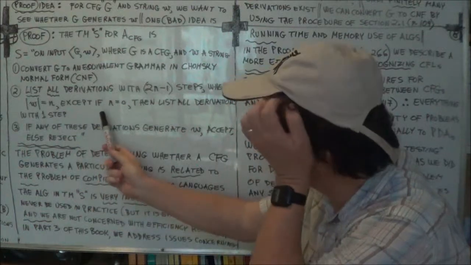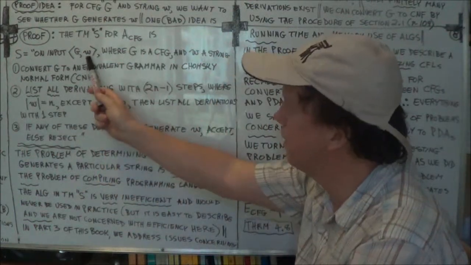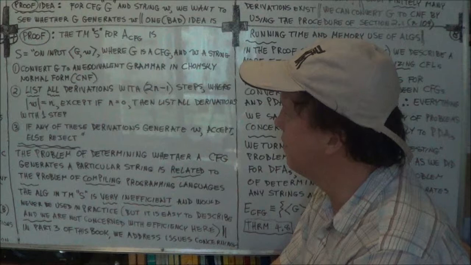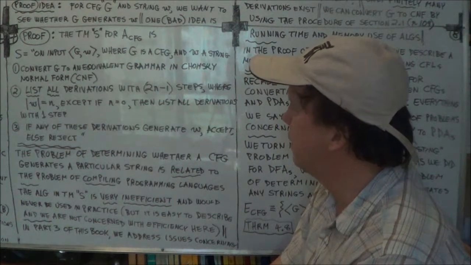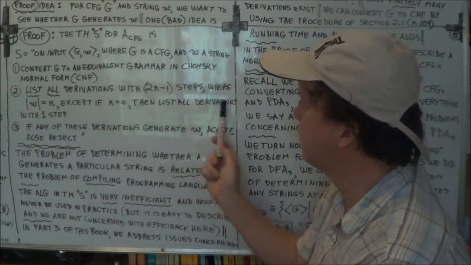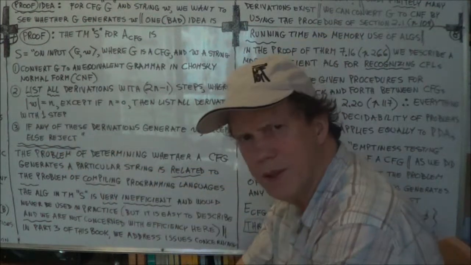There's one exception. If n is 0, the empty string goes in, then find a list of all derivations in one step. Now, why one step?